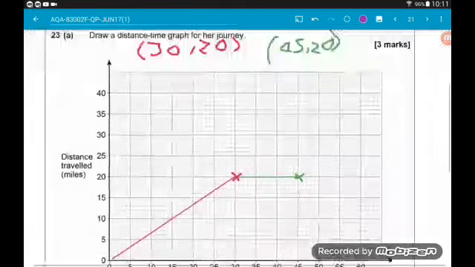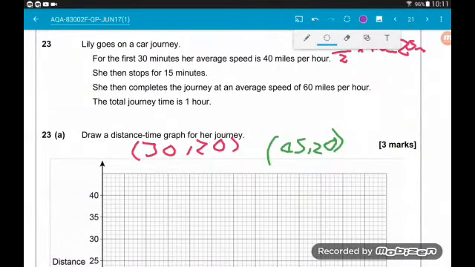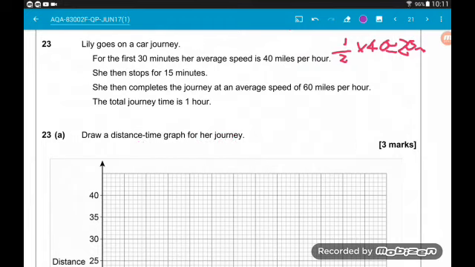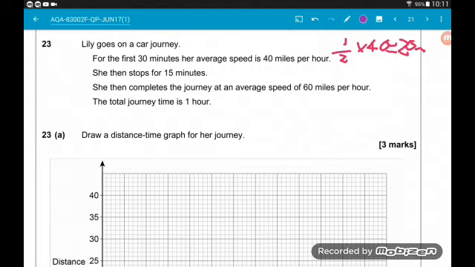So the last bit now is that we're then told she completes her journey at an average speed of 60 miles per hour, and we are also told that the total journey time is 60 minutes.